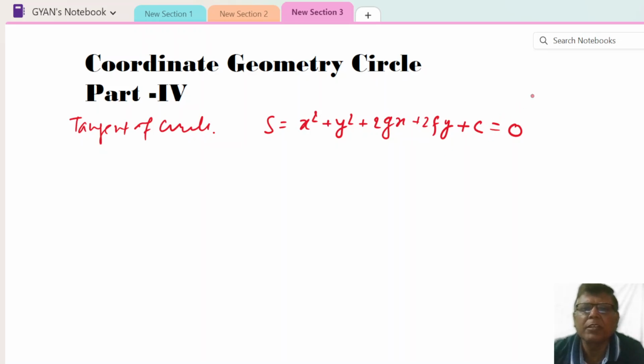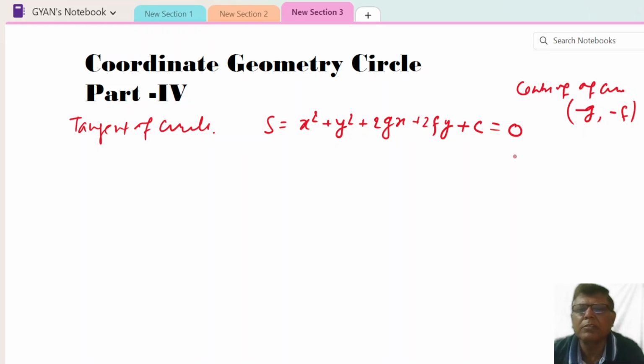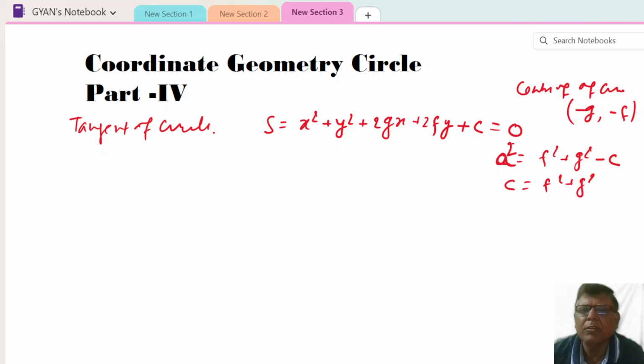The center of the circle is (-g, -f), and the radius a is given by a square equal to f square plus g square minus c, so c is equal to f square plus g square minus a square. We already know all three facts.